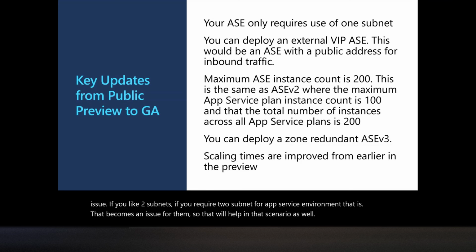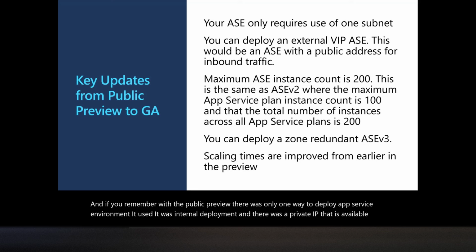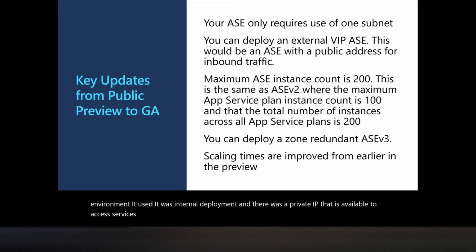And if you remember, with the public preview, there was only one way to deploy App Service Environment. It was internal deployment, and there was a private IP available to access services from the App Service Environment. Not anymore. Now you can have both external, and we will take a look at the creation experience to see how it works.